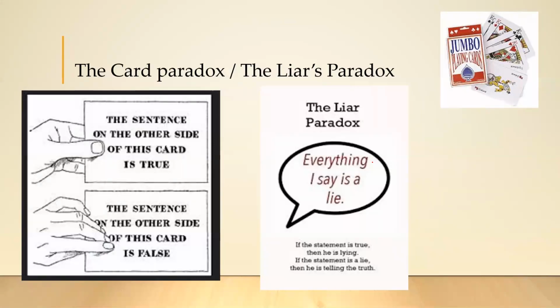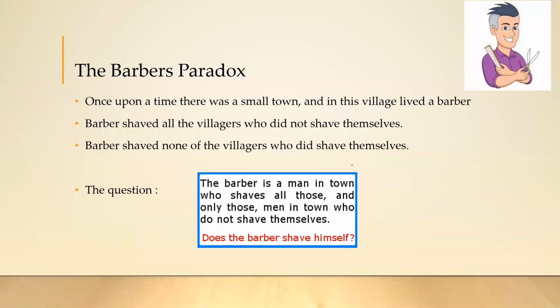Whatever he tells is a lie. But because he tells that everything I say is a lie, this statement is also false. So at the same time, you can't think of the statement as either true or false. Or you can say, in other words, it is true, and when you look at it from another angle, it seems to be false. So this is what you mean by a paradox.